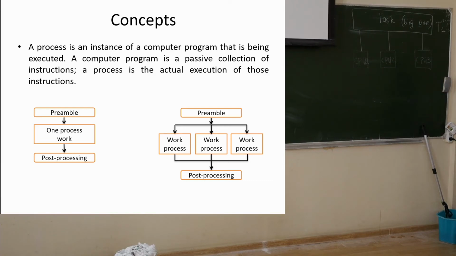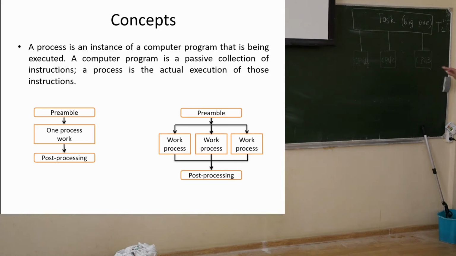But if they run simultaneously, that means the instructions have to be independent. If there is any dependency, you cannot simply divide your task and run the parts simultaneously. It's a problem.